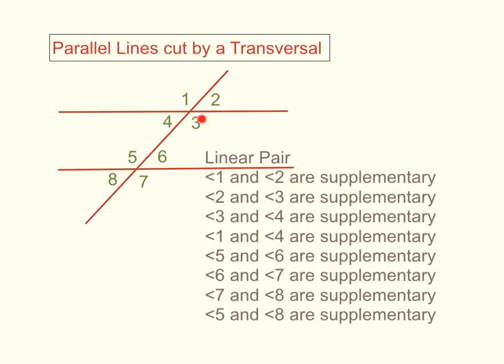Angle 2 and angle 3 are supplementary. Angle 3 and angle 4 are a linear pair and therefore supplementary. Angle 1 and angle 4 are a linear pair and supplementary. And down here, 5 and 6, 6 and 7, 7 and 8, and of course 5 and 8 are linear pairs and therefore they are supplementary.